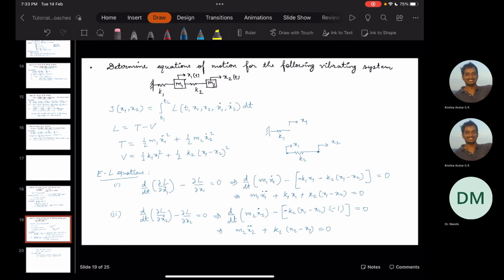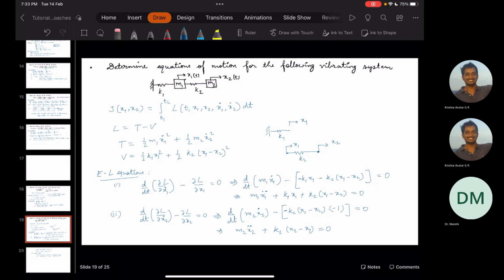Okay, so let's go on to discuss the Euler-Lagrange equations. Since we have two dependent variables, we will have two Euler-Lagrange equations. The first Euler-Lagrange equation is d by dt of ∂L/∂ẋ1 minus ∂L/∂x1 is equal to 0.